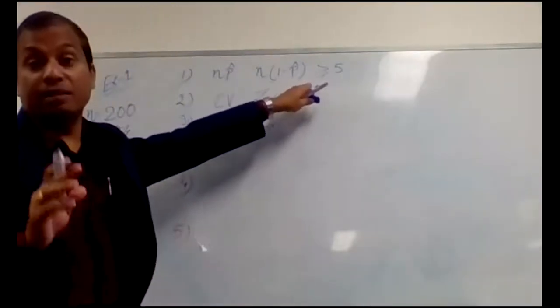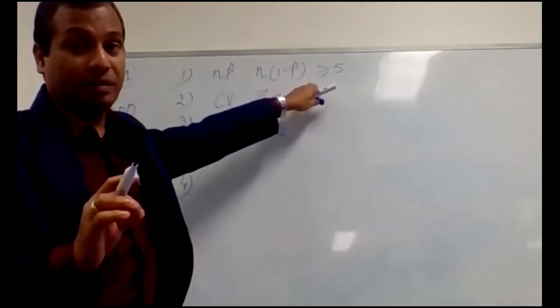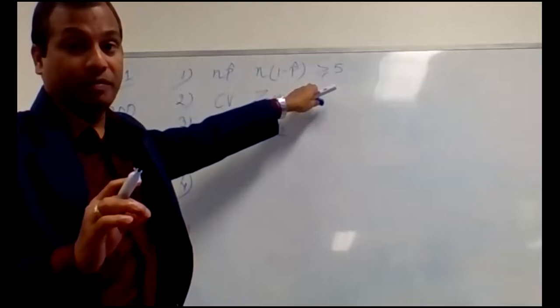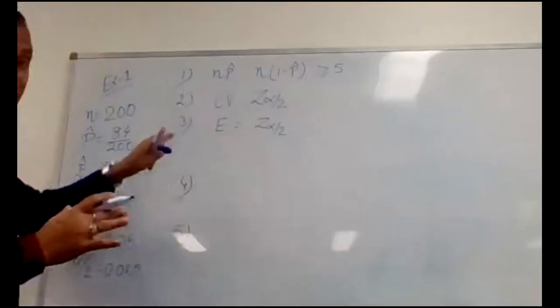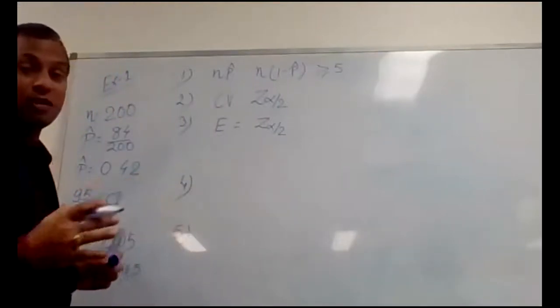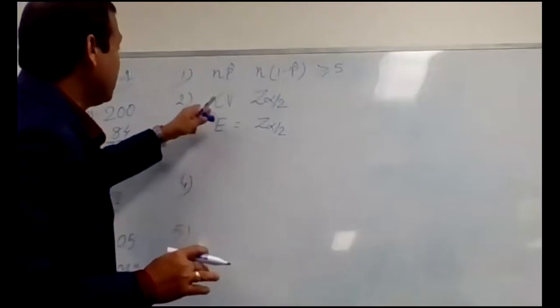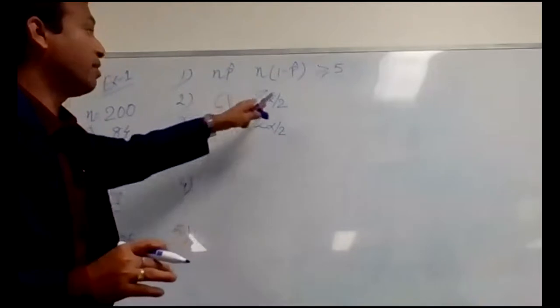I can proceed with this sum because I'm applying the CLT, the central limit theorem, if you remember. Using that, we assume that this curve will be approximately normally distributed. Second is to calculate the critical value, Z alpha by 2.